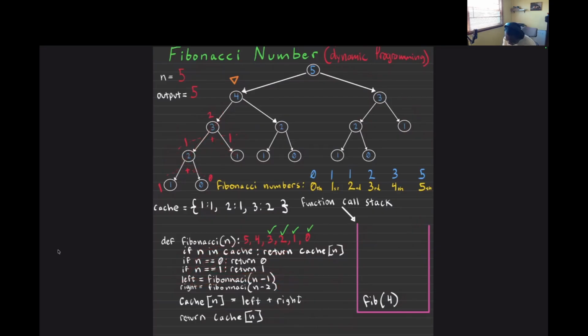So on the call stack now, we pass in fib of 2. Spoiler alert, right? Because we know that fib of 2 is in the cache. So we're gonna hit this case immediately. So what did fib of 2 return us? Well, fib of 2 returned us a 1, right? We can clearly see it here.